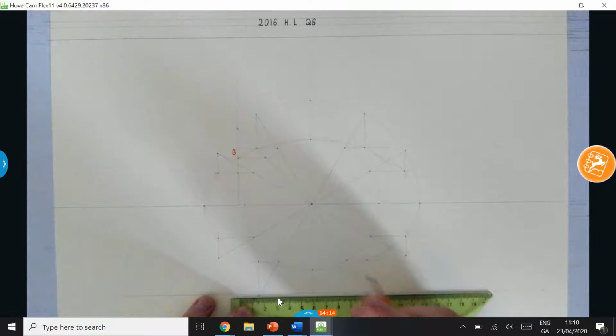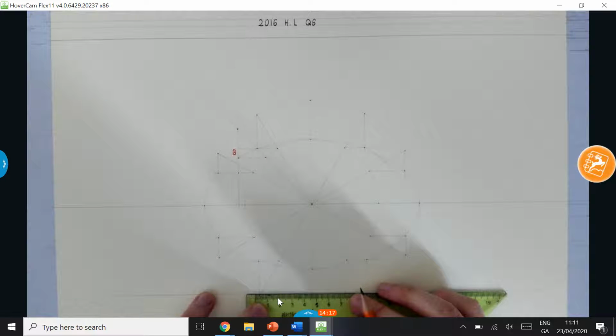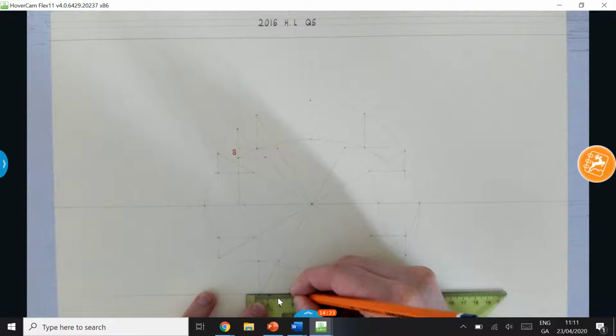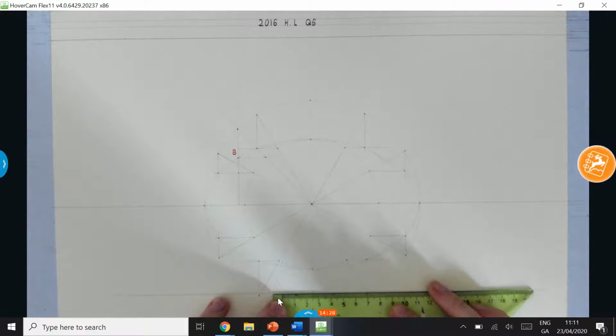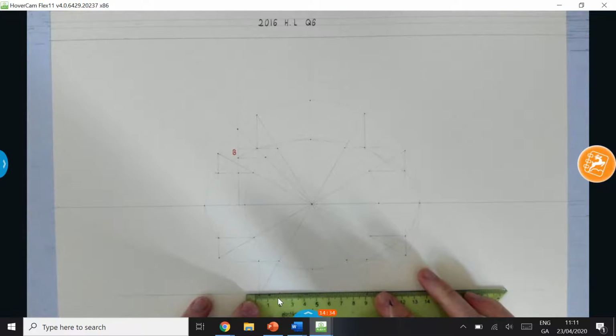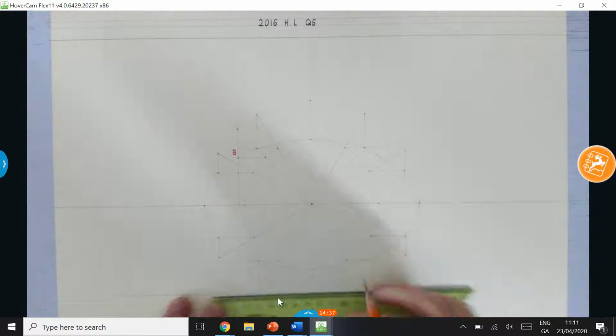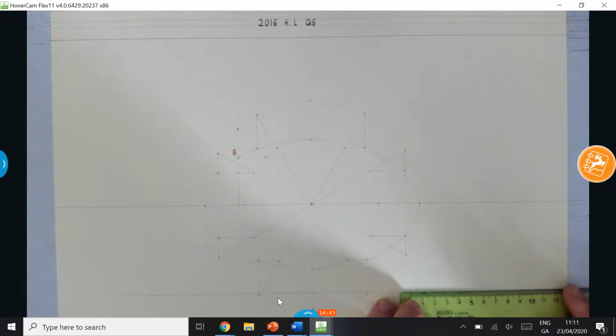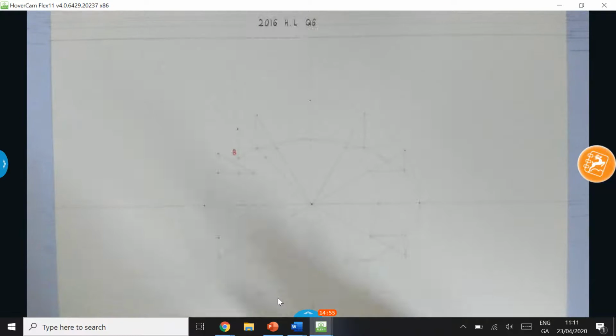Then we're going to go to the left 27 and then 20 past as well. And 55 out past that to find this point, and 55 out to the right to find the other point as well. Okay, so we have all them points there.